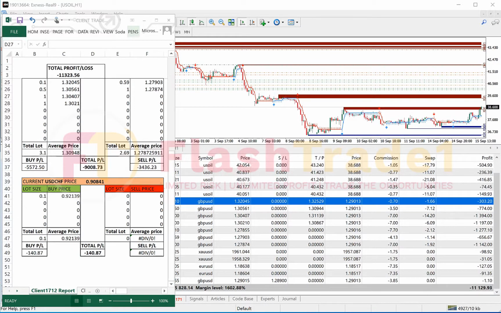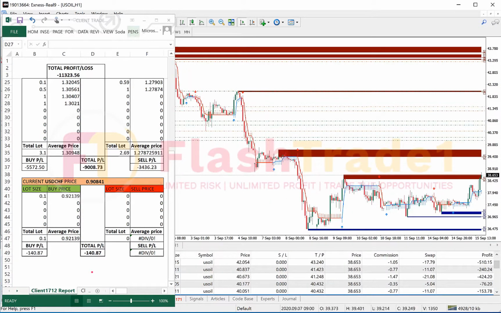We'll start with US oil first, and we will open the chart of US oil only, and we can see what his trading pattern is and how we can cover the losses on that part.